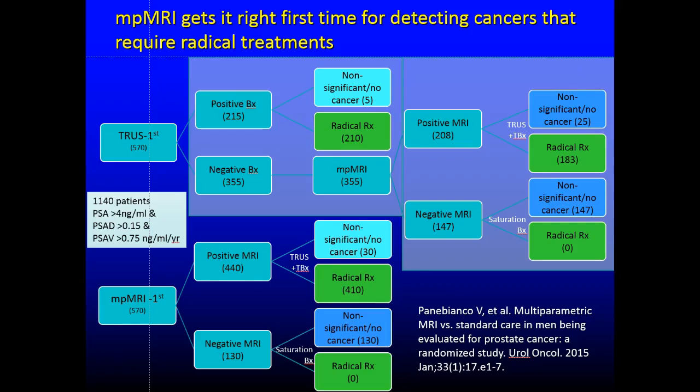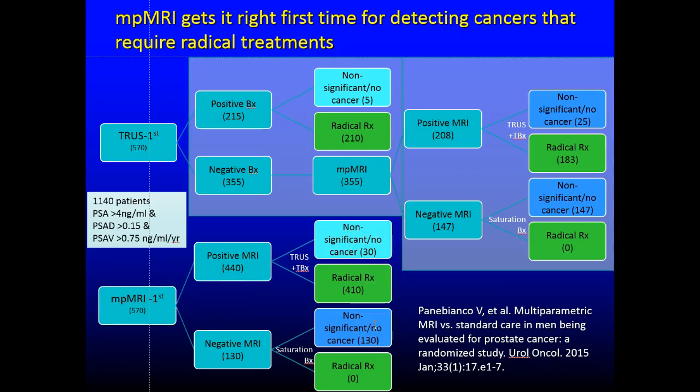So if you look at this study that was published last year, what you see is that patients at quite high risk were randomized to having a TRUS first or an MRI first. If the TRUS was negative, then they had an MRI, and then they had biopsies, saturations or TRUS biopsies, depending on what was found on the TRUS side, and here is what happened to the patients on the MRI side.